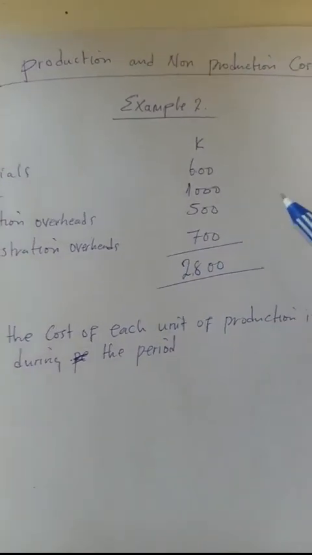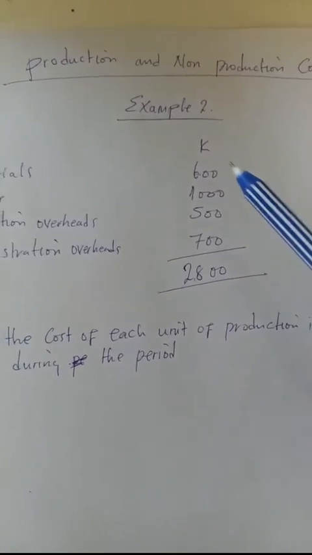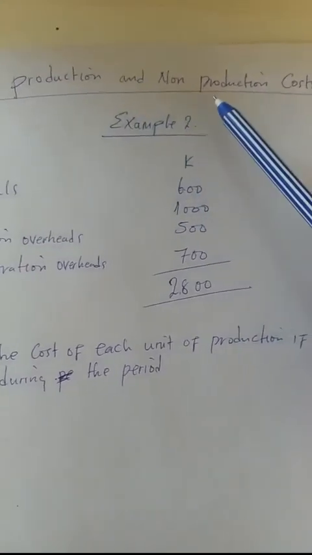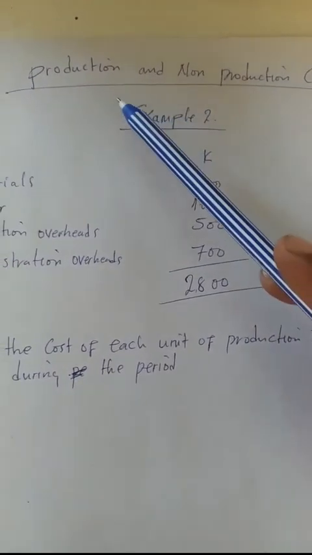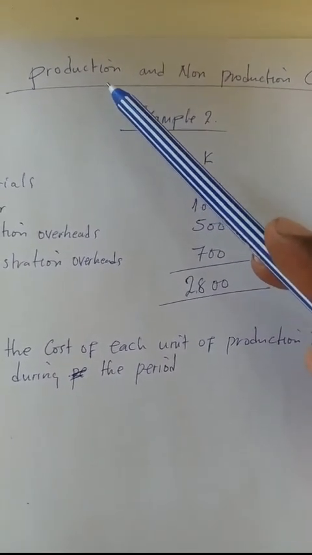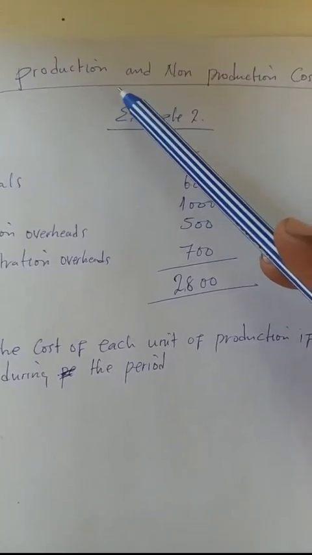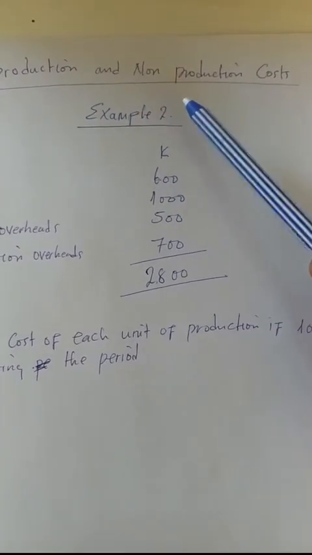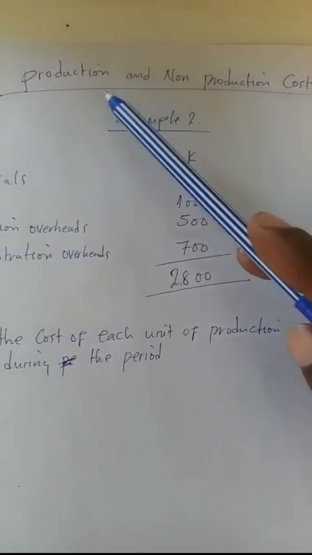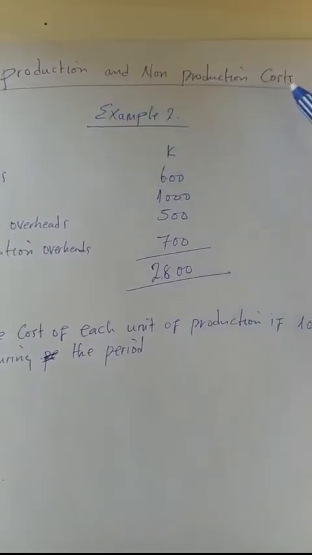What I wanted to explain in this part is the production and non-production costs. You need to be able to identify whether these costs relate to production, or the production department, or not. So that's the subtopic, production and non-production costs.